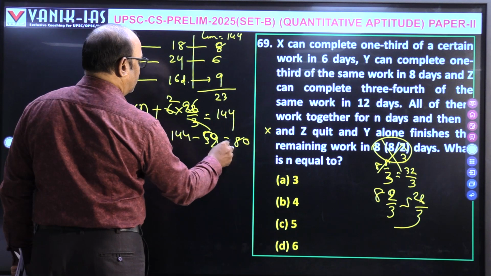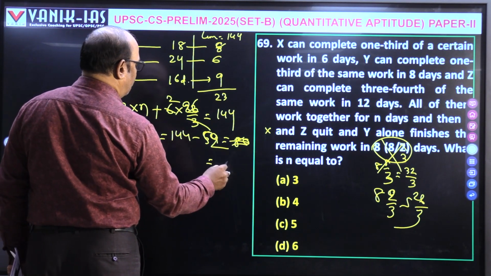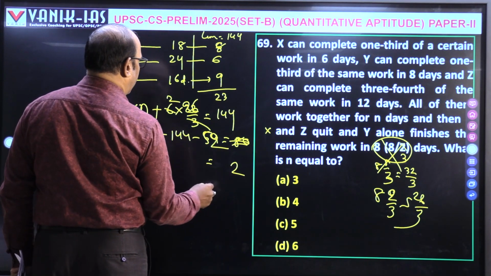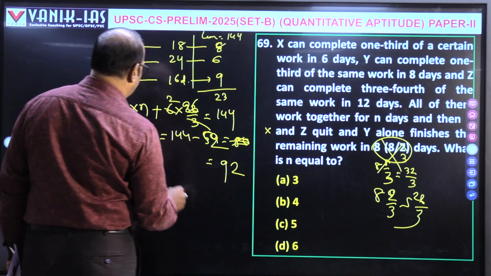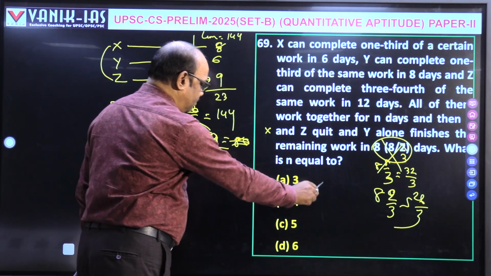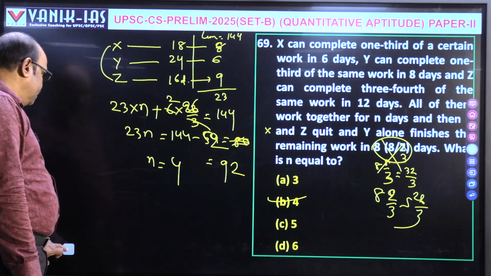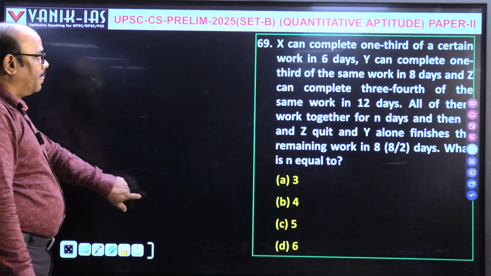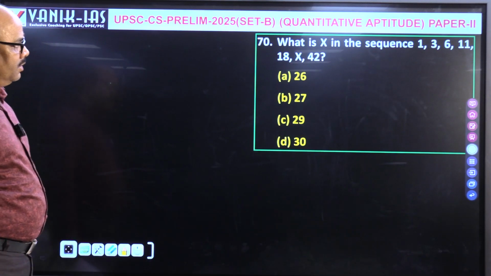So 144 minus 52 is 92, and 23n equals 92. So n becomes 4. That's why the answer is 4. Next question. What is X in the sequence?